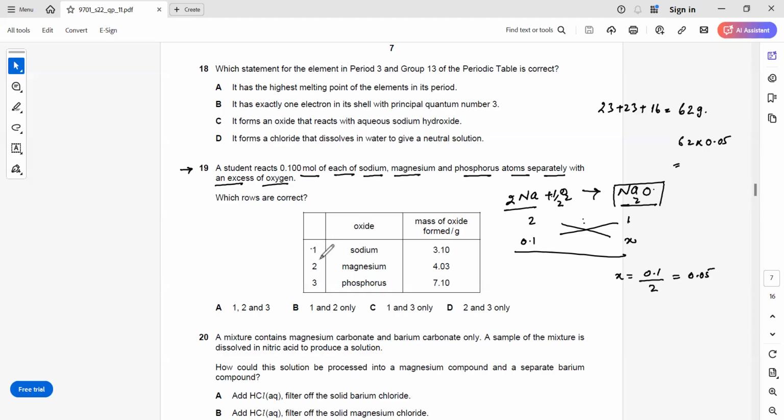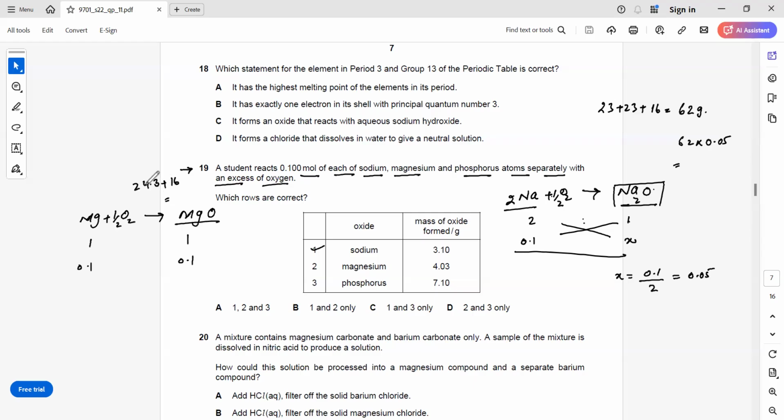Similarly, let's find out with the magnesium. Magnesium, when it burns in oxygen, gives us magnesium oxide, right? So let's say it's half O2. So it's 1:1. So 0.1 will produce 0.1 moles of magnesium oxide, and its molar mass is 24.3 for magnesium plus 16.